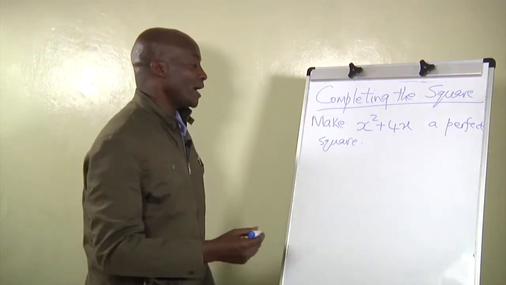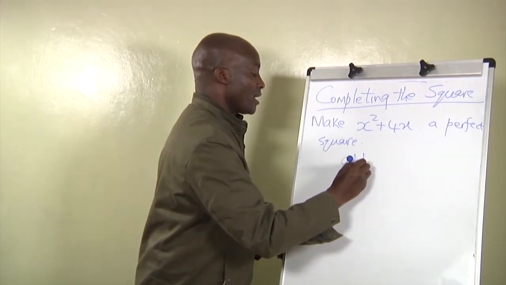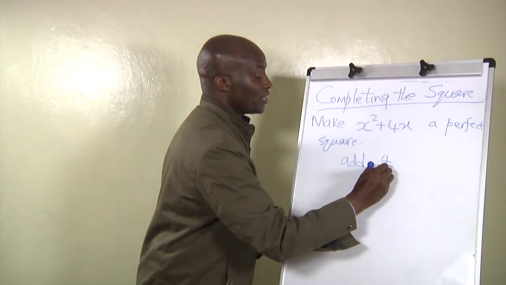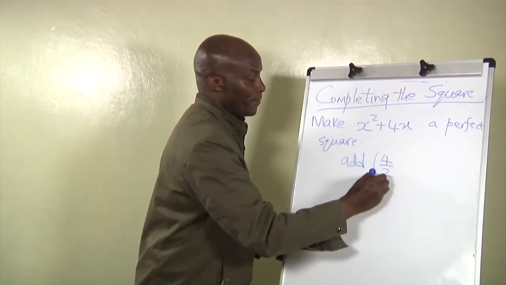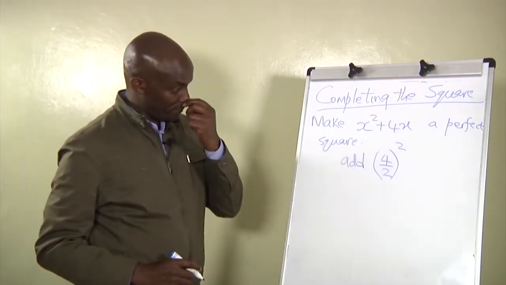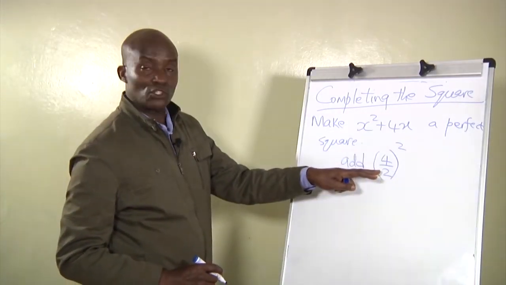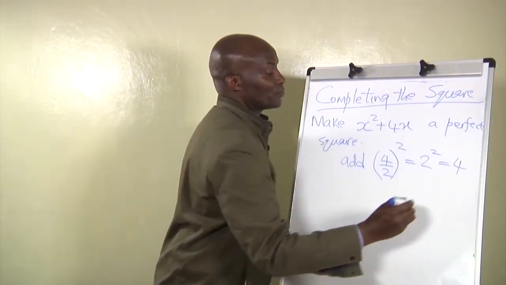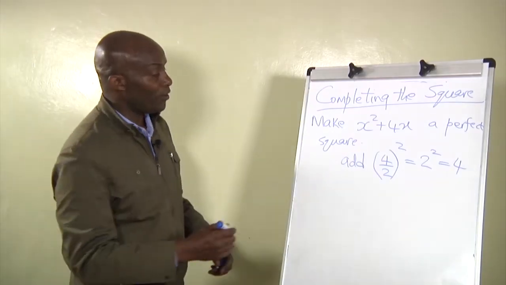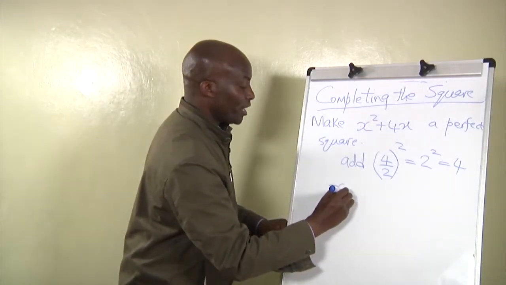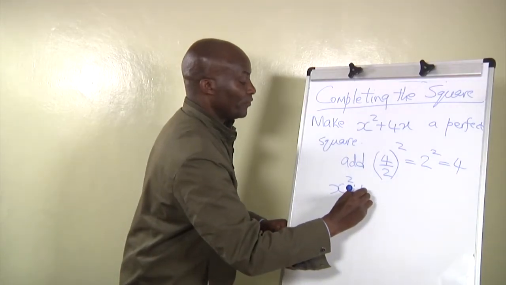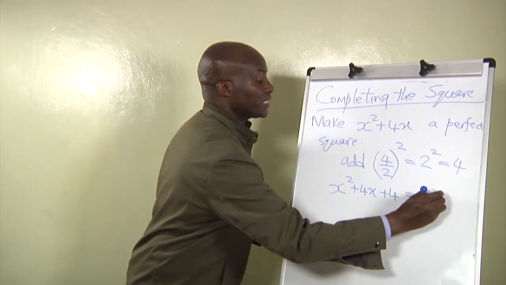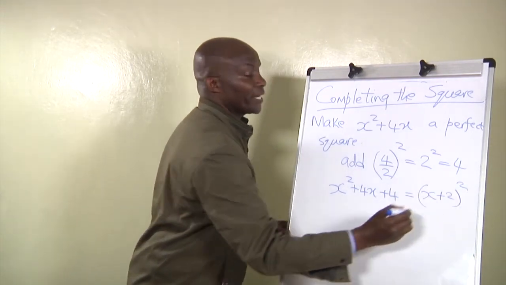To complete the square, we need to add half of the coefficient of the middle term, whole squared. So half of 4 is 4 over 2, which equals 2, squared. This equals 4. And therefore, the complete square becomes x squared plus 4x plus 4, which is actually equal to x plus 2 whole squared.